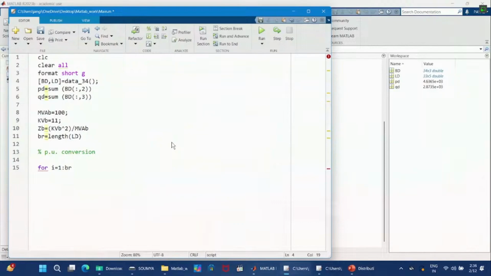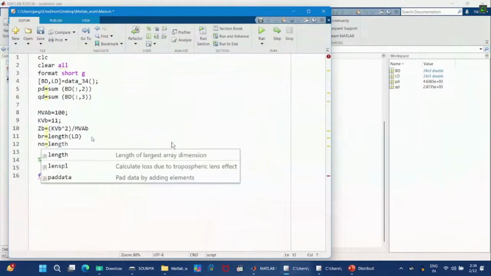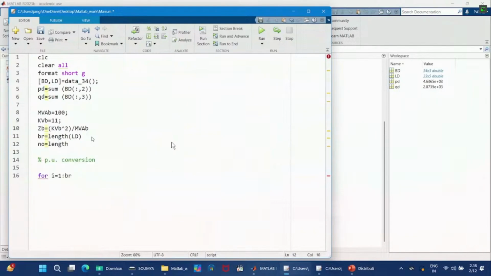When line data is known, if we write BR, then it will know how many branches there are for this specific system. And if we define the number of nodes, how can we define it? If we write length of bus data, then we'll get the number of nodes.